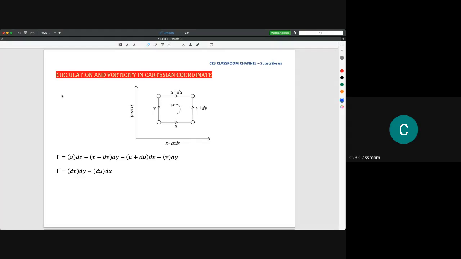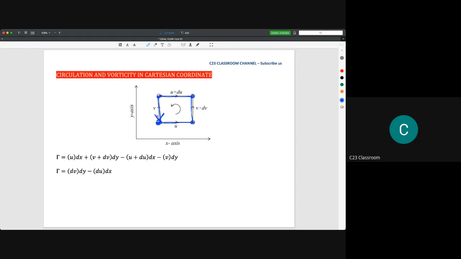So we assume that this molecule moves here, then moves upwards, then moves to the left, and then goes back to its original position. It means that this molecule can be assumed to have moved in a circular motion. So here we could calculate its gamma, its circulation.